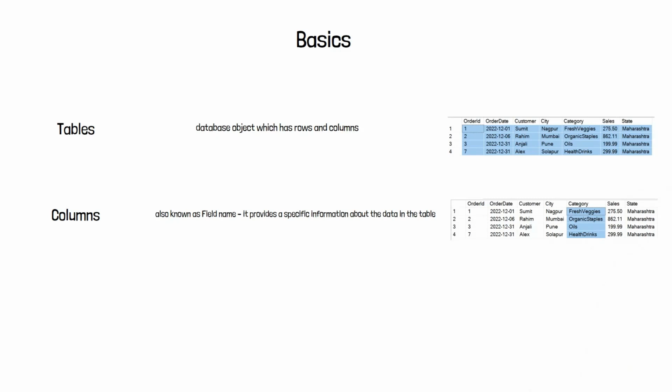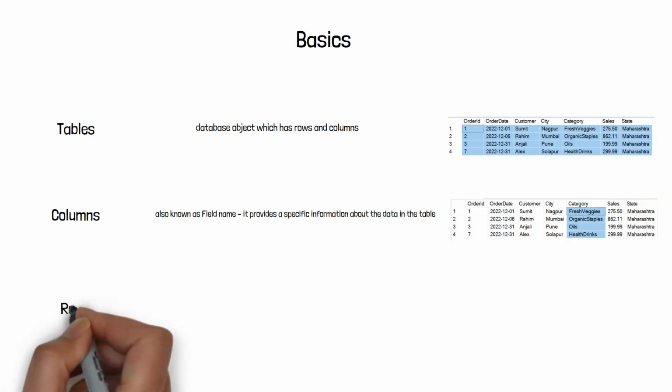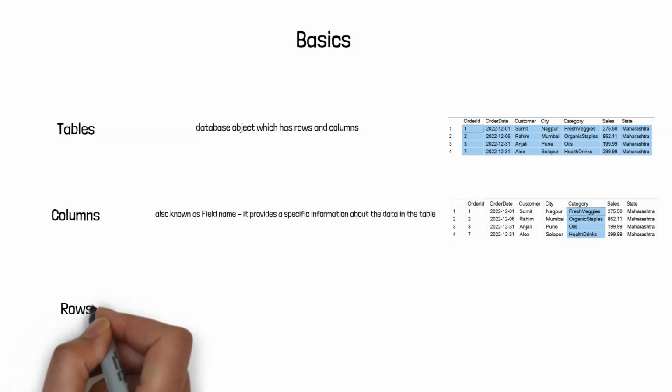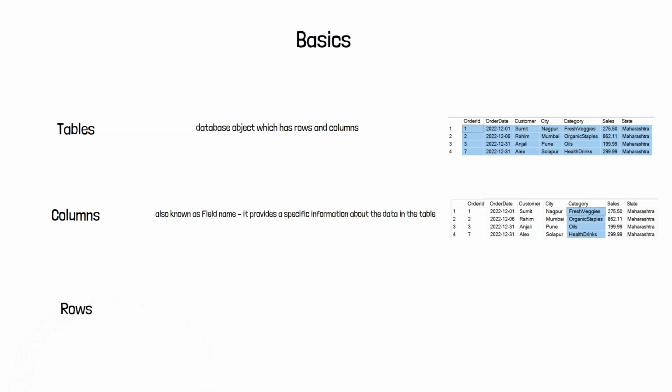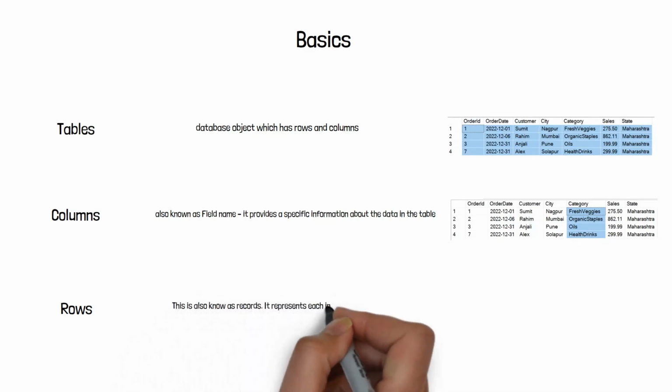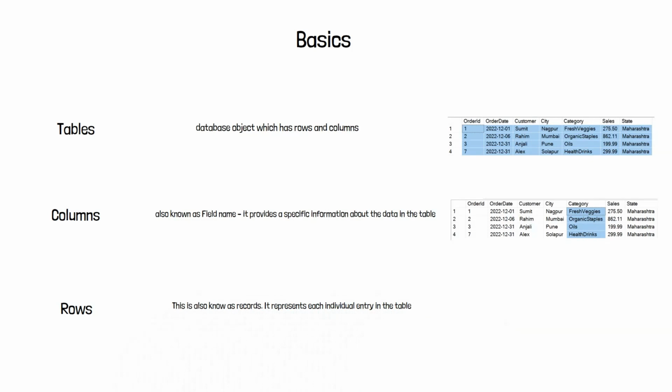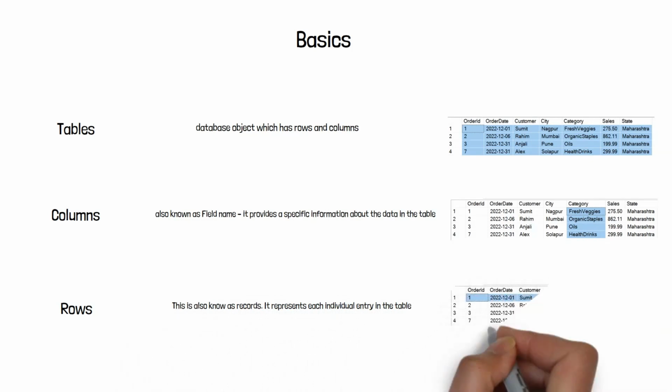So for example, if I have to find out the email addresses of all the records in a table, I will look for the column called email address or similar, whatever you have defined. Now, what are rows? This is also known as records. It represents each individual entry in the table.